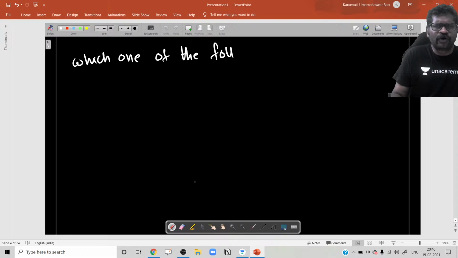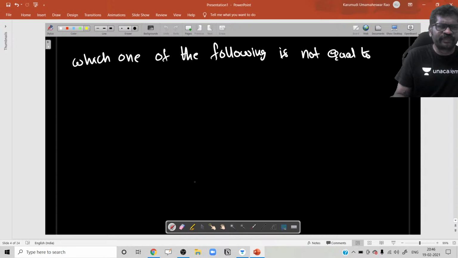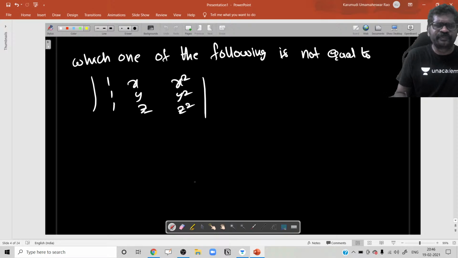Next problem. Which one of the following is not equal to the determinant with rows 1 1 1, x y z, x square y square z square?